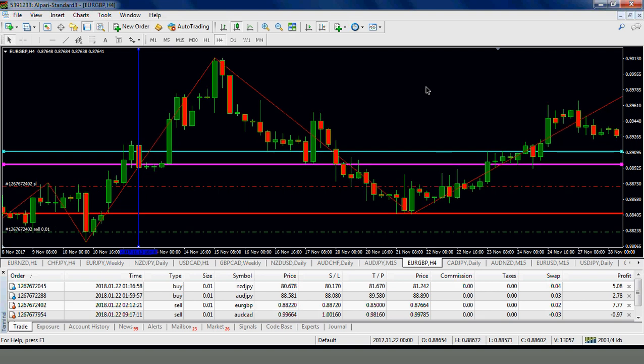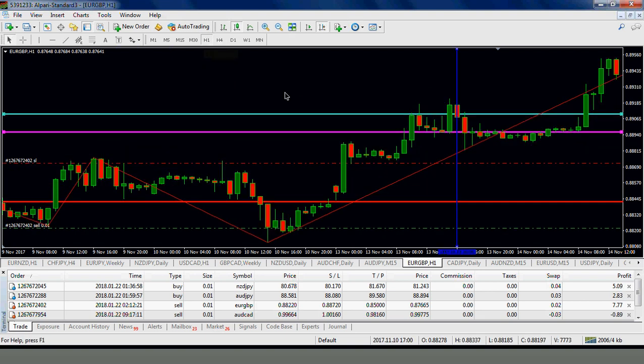Now we go to 1 hour. Have this on 1 hour, so we have to get the pivot point of this candlestick.